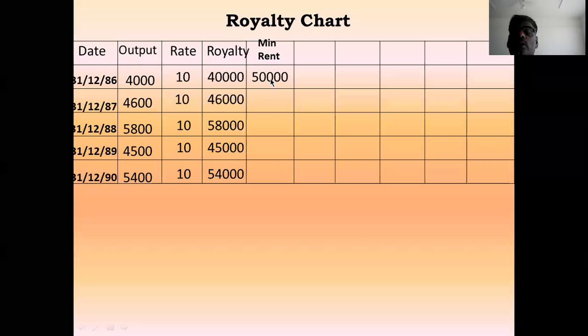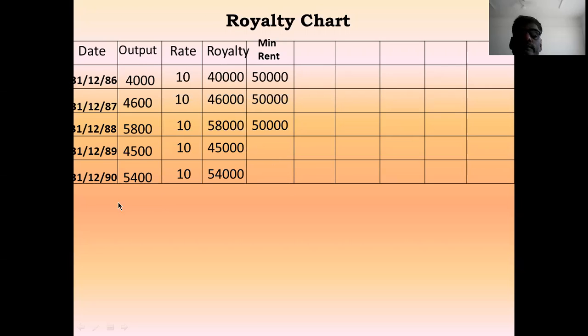Then minimum rent. Minimum rent is 50,000 for the first year, 50,000 for the second year, 50,000 for the third year, and for the fourth year, 1989, there is a strike. The strike is for 3 months. Therefore you have to revise the minimum rent for this year.